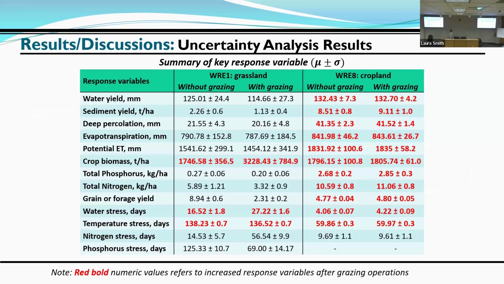And here is a key summary of this. As you see in WRE1, only three response variables are changed after grazing. But in WRE8, all response variables changed except nitrogen stress.